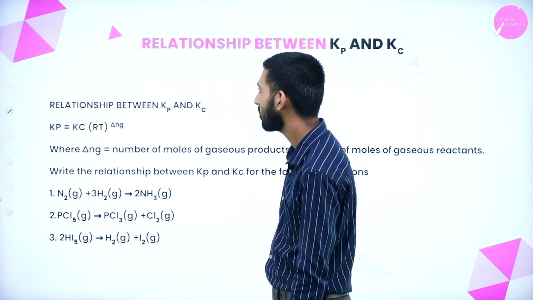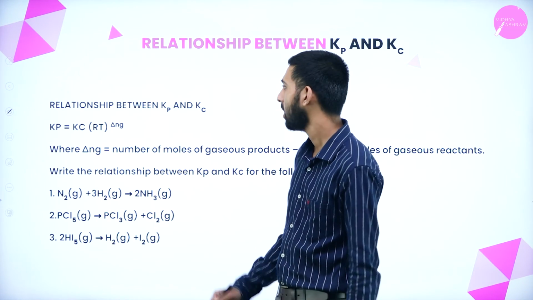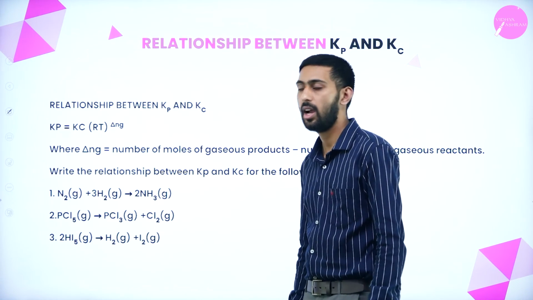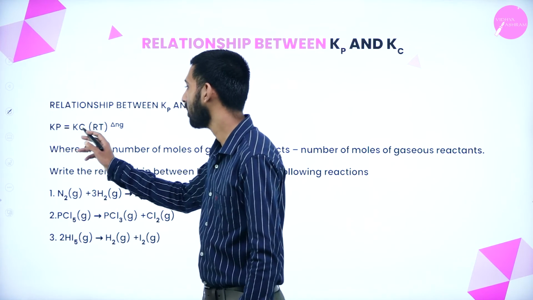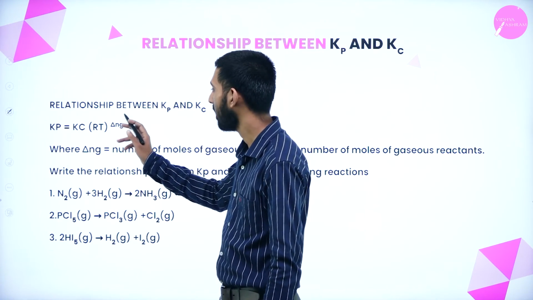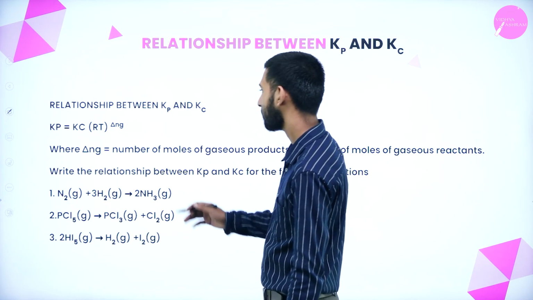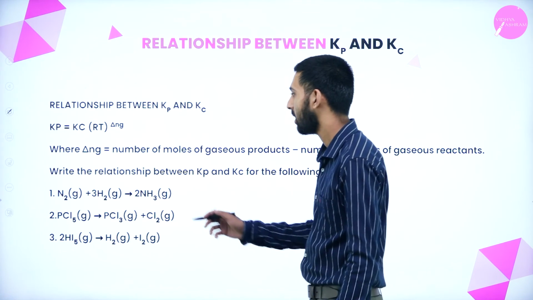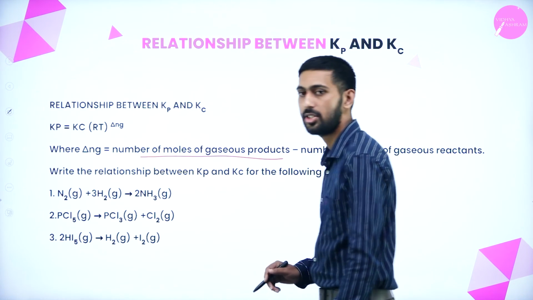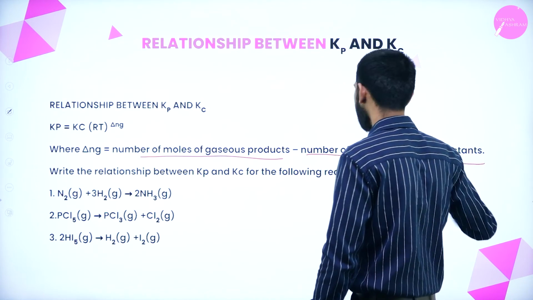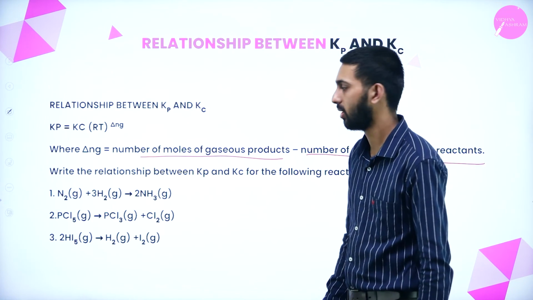Next is the relationship between Kp and Kc. We can say that Kp is equal to Kc into RT to the power of delta Ng, where delta Ng is the number of moles of gaseous products minus the number of moles of gaseous reactants.